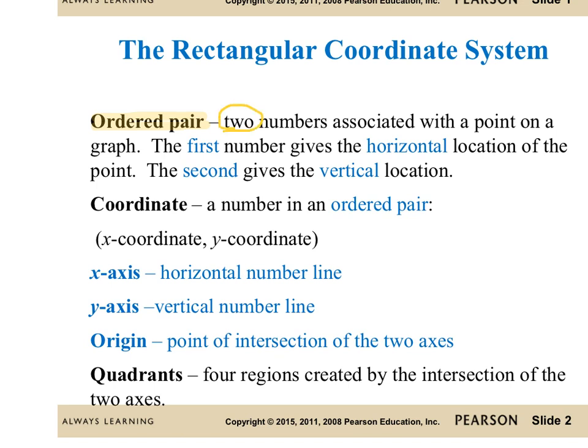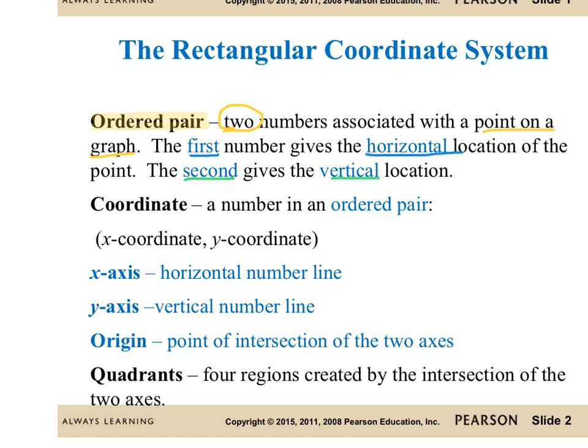Keep in mind that it's two because it's a pair, that are associated with a point on a graph. And the first number is going to give us the horizontal location of the point. And then the second number is going to give us the vertical location.